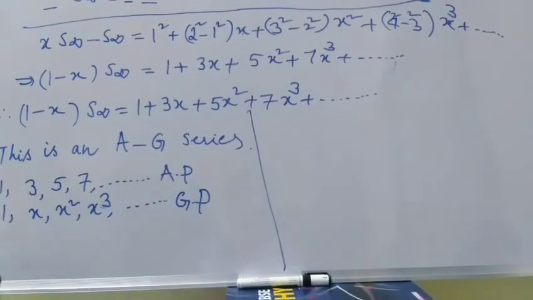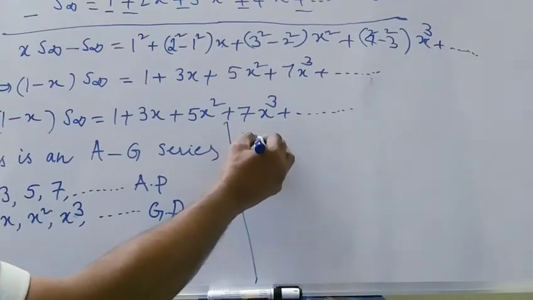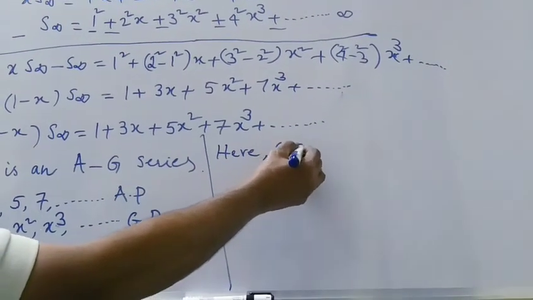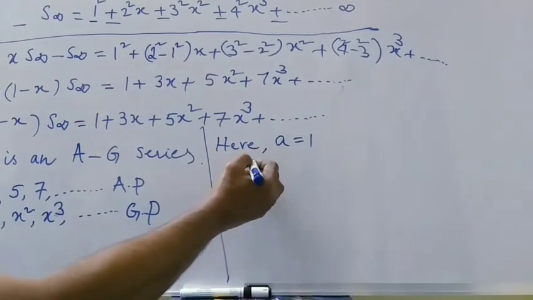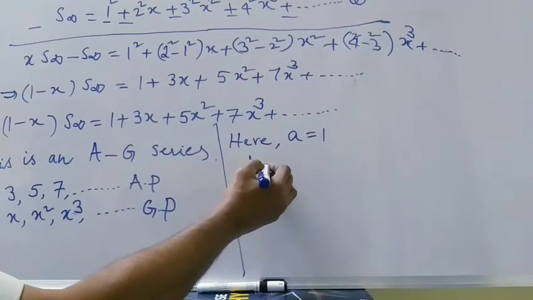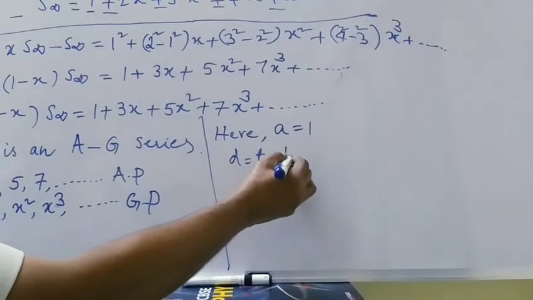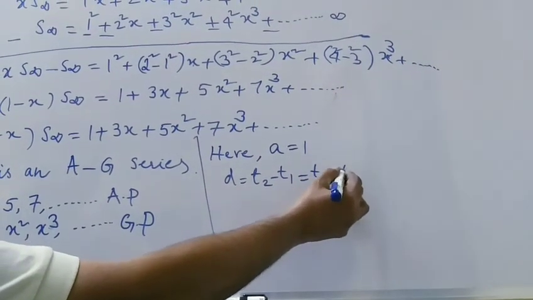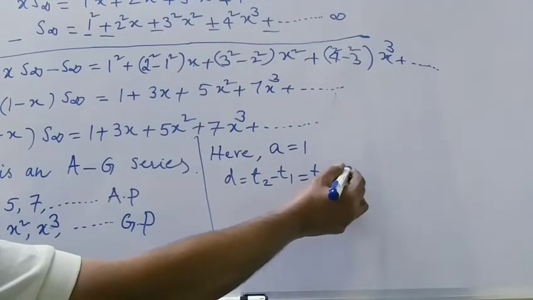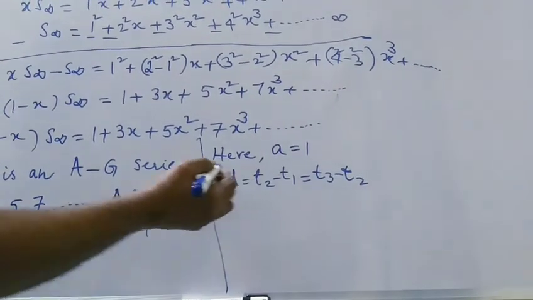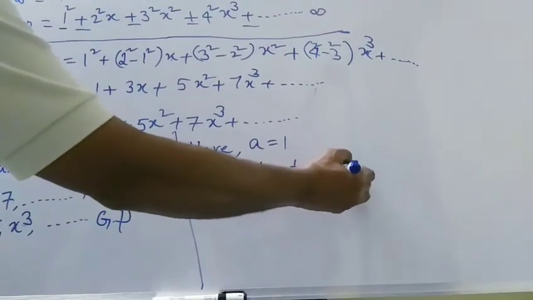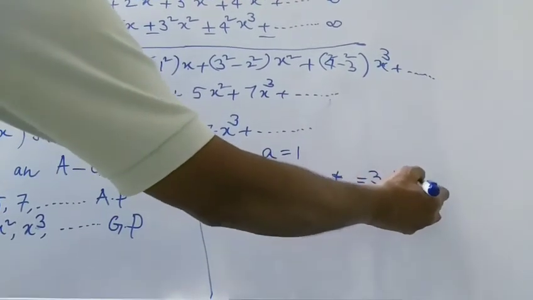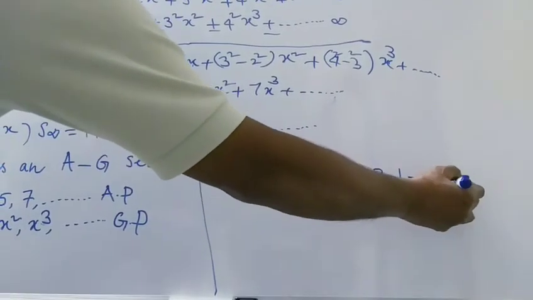Here the first term a is equal to 1, and the common difference d is equal to t2 minus t1, which is equal to t3 minus t2. This is equal to 3 minus 1, 5 minus 3, which is 2.